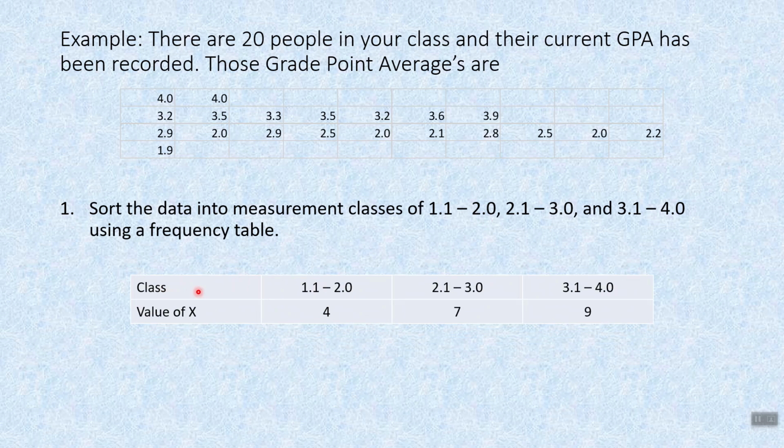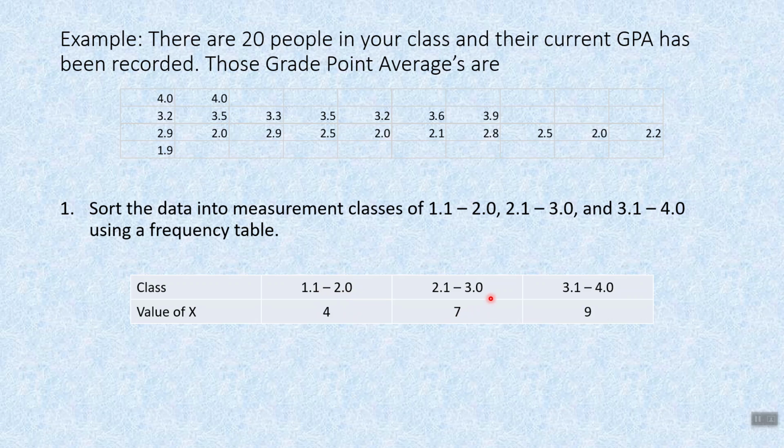We call this a measurement class. So I'm just going to call it a class here, 1.1 to 2.0, and I look. How many of these grade point averages are between 1.1 and 2.0, inclusive? That's 1, 2, 3, 4. 4 of those values. So 4 times in this list will the value of capital X be a value between 1.1 and 2.0.